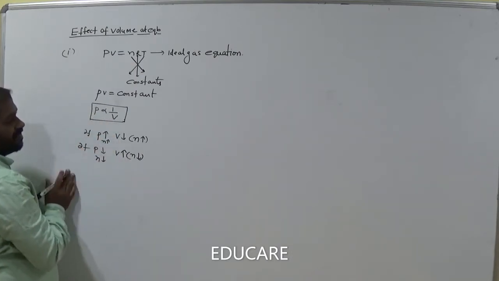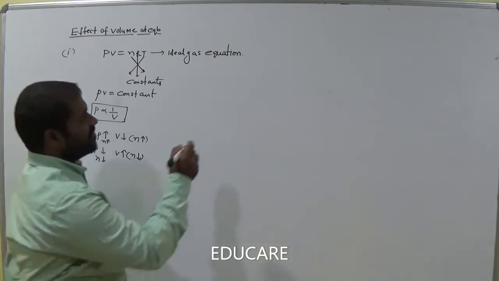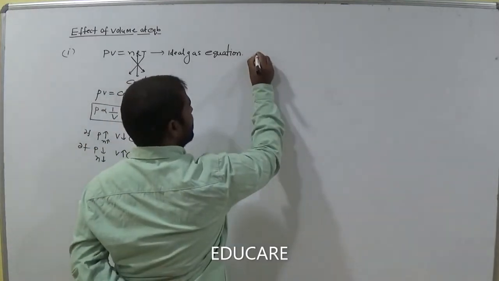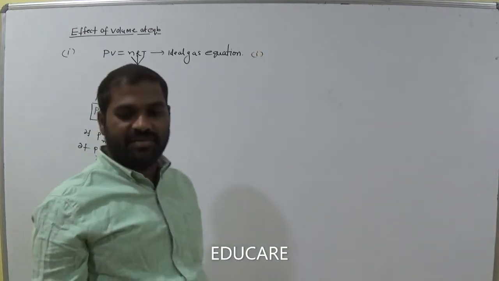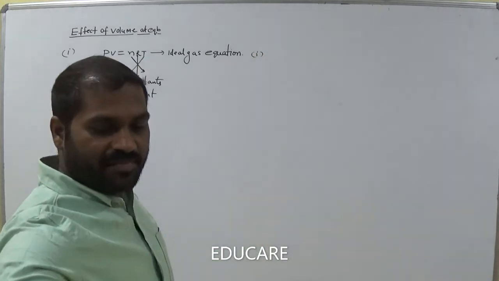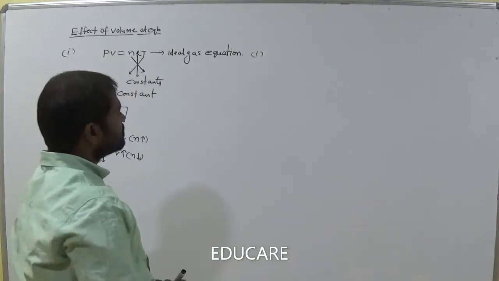Is it clear? So the first thing: what is the effect of volume at chemical equilibrium?